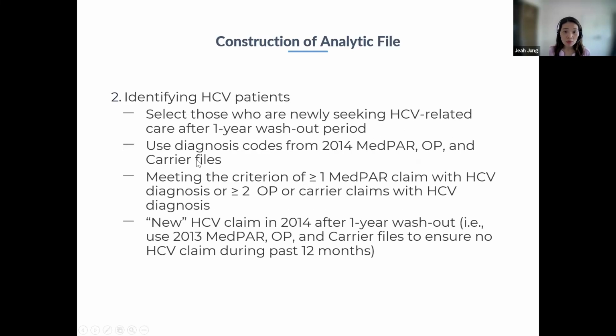So we used diagnoses from the 2014 Medicare outpatient and carrier files and made sure that they didn't have any Hep C diagnosis in 2013, and applied this CCW criterion. We didn't say this is newly diagnosed; these are people newly seeking Hep C-related care after a 1-year washout period. And so we identified our sample. The next step is what?